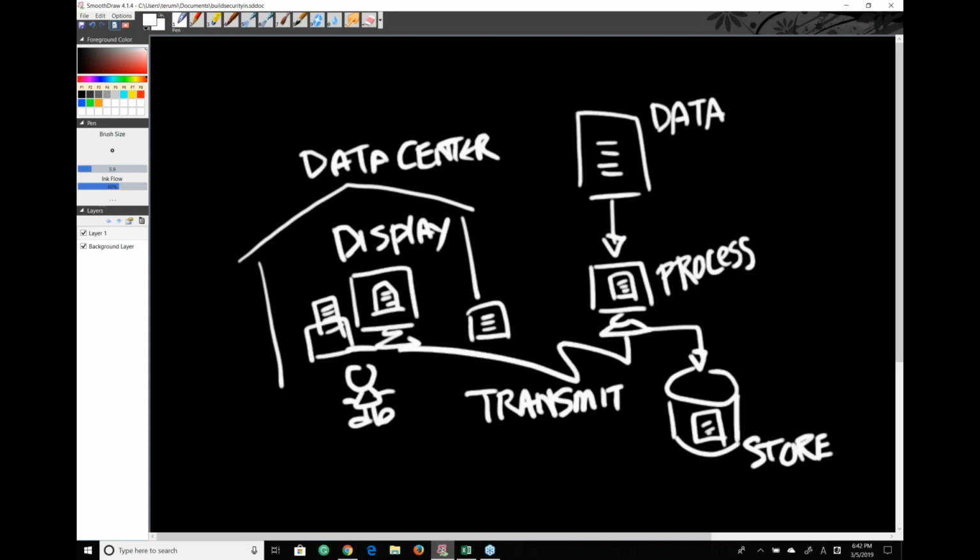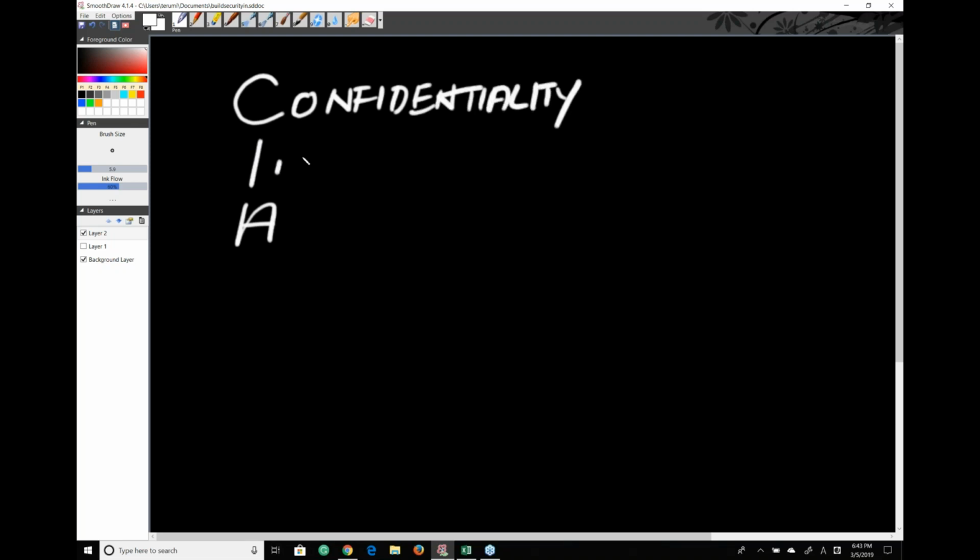All right, so let me go ahead and open up a brand new sheet here. Okay. All right, CIA. It stands for confidentiality, integrity, and availability.